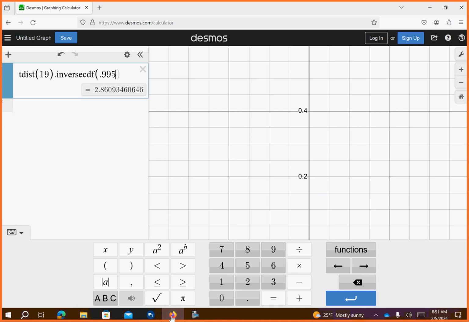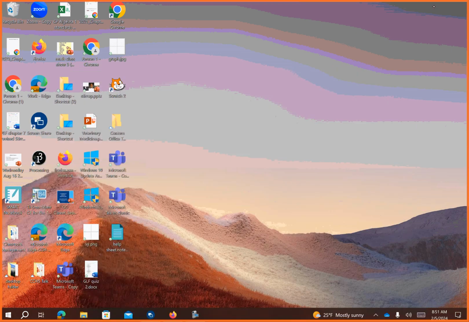So this is no longer a Z value, it's a T value because we're using a T distribution. If I use 2.861, that becomes my T value for the margin of error.